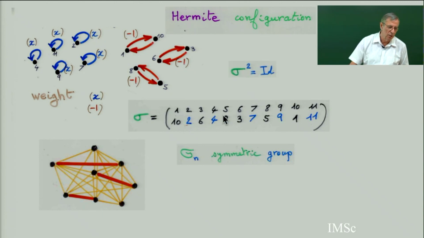An involution in the symmetry group is a permutation which is equal to its inverse. In other words, if you take the square of the permutation, this is the identity.